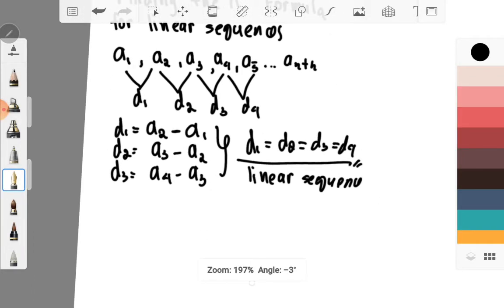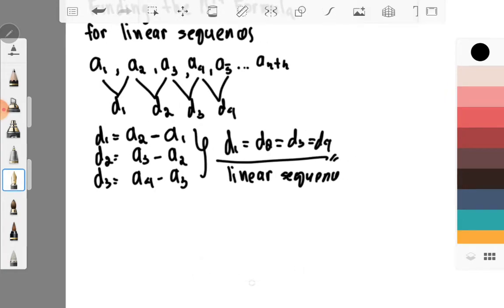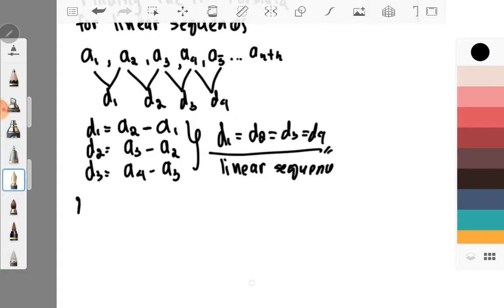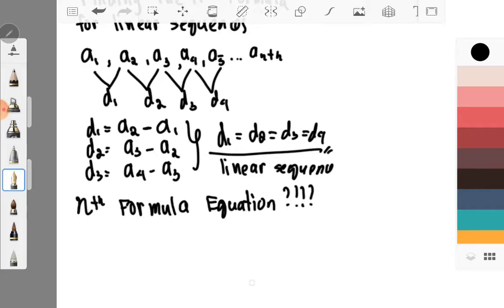So how will you solve for the nth formula equation? Any wild guess?